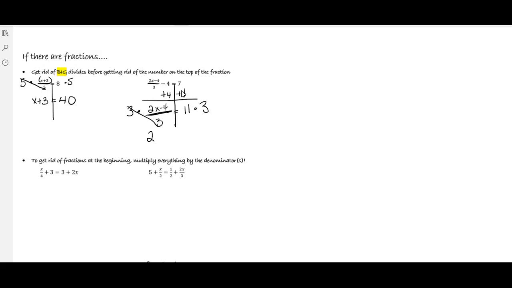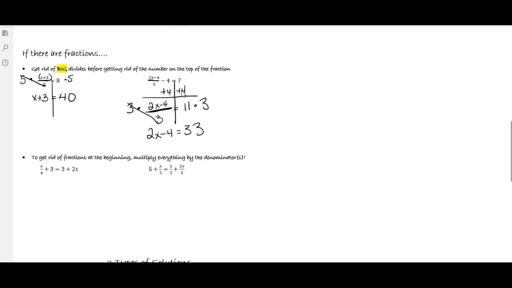Those 3's are gone, so I'm left with 2x minus 4 is 33. The most common mistake here is that people are going to distribute and make this 6x minus 12, or maybe make it 2x minus 12. But remember, your goal was to get rid of the 3, so I want you to actually cross it off.